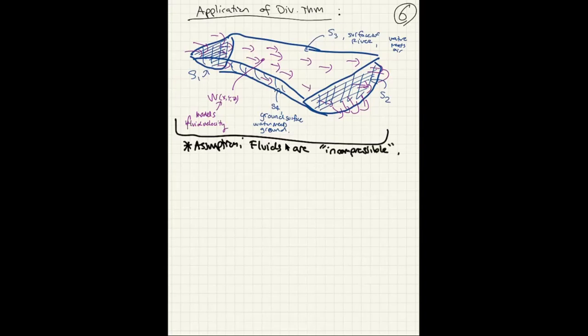That just means you would never have water that all starts squeezing into one spot. You really can't squeeze water, is the idea. And what this means is just that the divergence is 0, i.e. the divergence of W is 0.